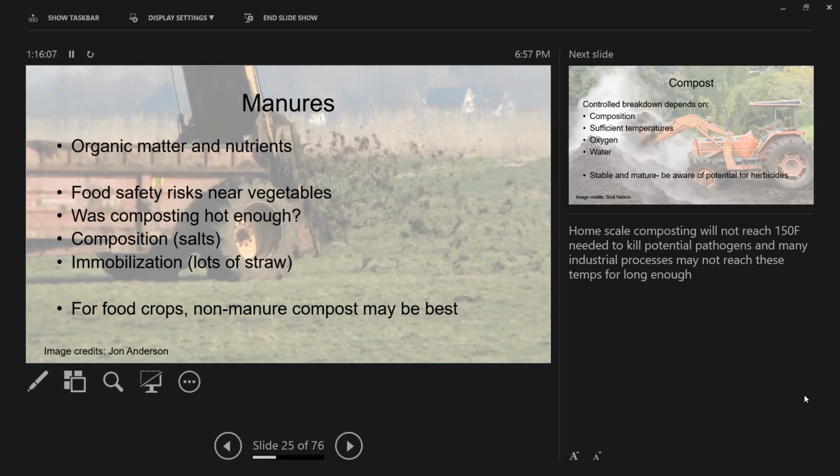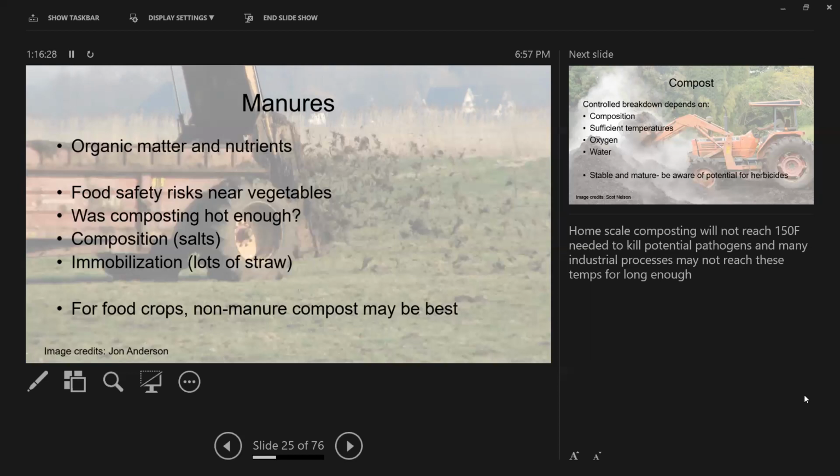So there are food safety risks. We don't want to use fresh manure on vegetables that you're going to harvest within a couple of weeks or within 30 days. That's why it's best to put your manures on in the fall, till that in, let it break down, and then plant in the springtime.